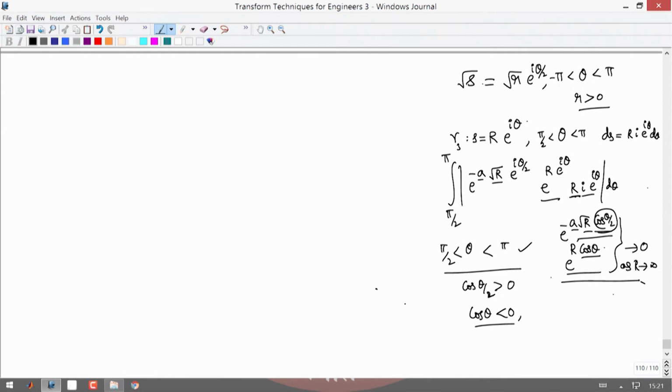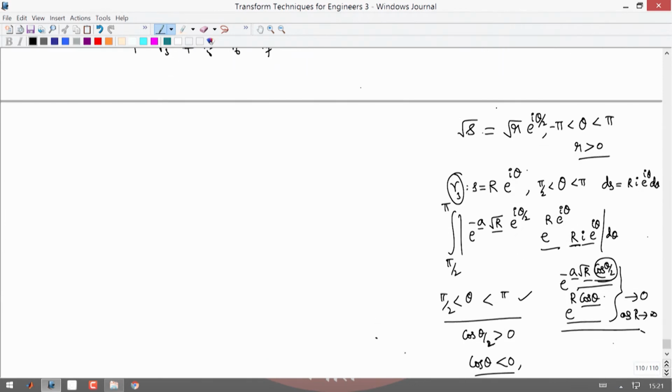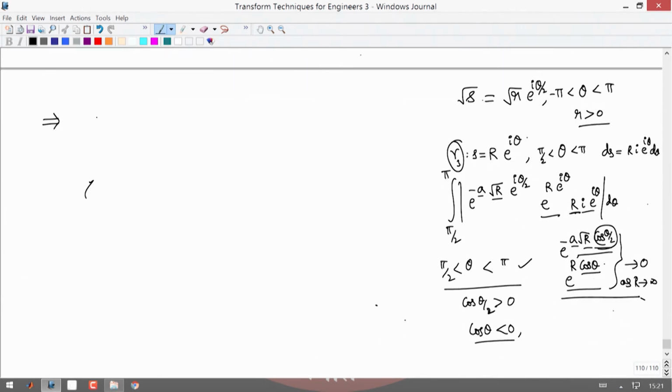So, the contribution over gamma 3 as r goes to infinity also goes to 0. This implies the integral over gamma 3 of e power minus a root s times e power s t ds goes to 0 as r goes to infinity.